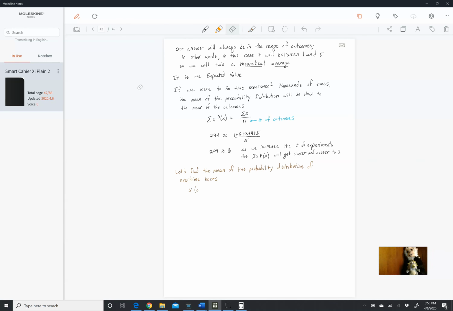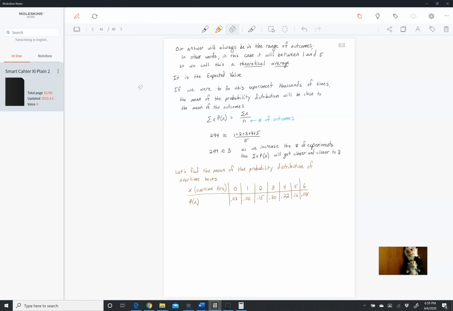X, which was overtime hours, and P of X. Again, this is on one of the previous pages, but I'm just putting it here too. So 0 hours was 0.03, 1 hour was 0.06, 2 hours was 0.15, 3 hours was 0.30, 4 hours was 0.22, 5 hours was 0.16, and 6 hours was 0.08.